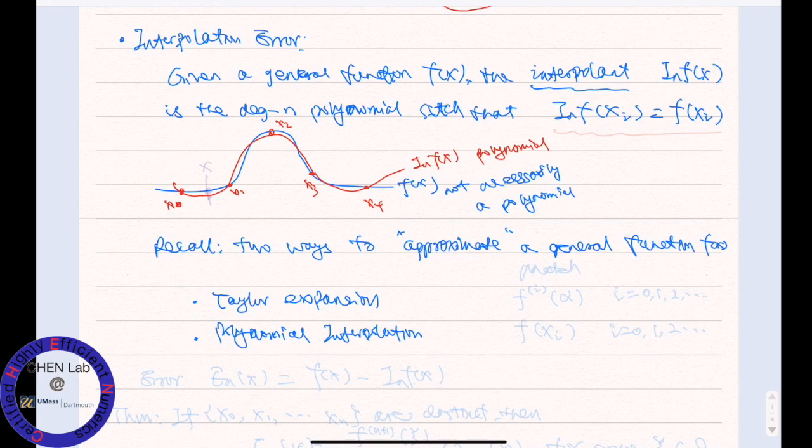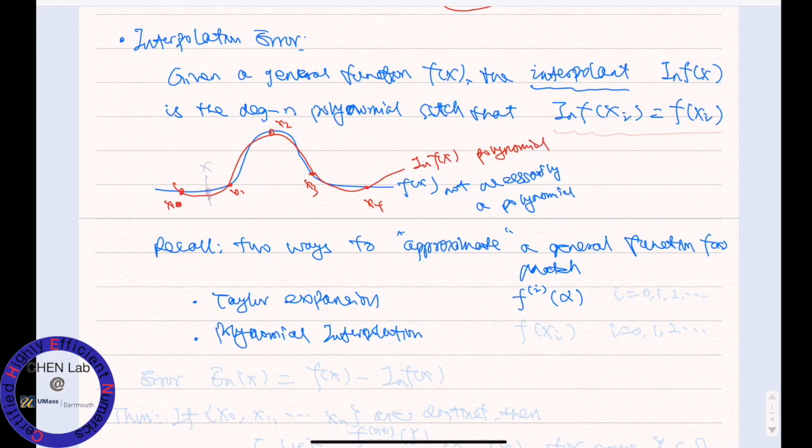So, what do they match? Here it matches f's i-th derivative at the fixed point alpha, at a given point alpha, the neighborhood where you want to do Taylor expansion.